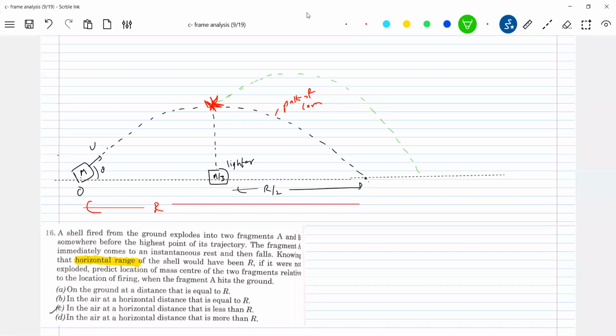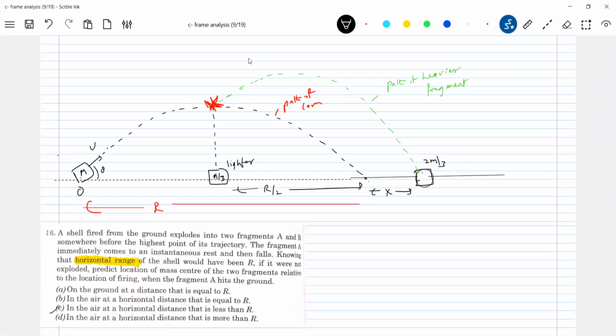And the path of the other fragment will be somewhere like this, and it will come here. This is the path of the heavier fragment. What should be the mass of the heavier fragment? 2m by 3. Can we calculate this distance?